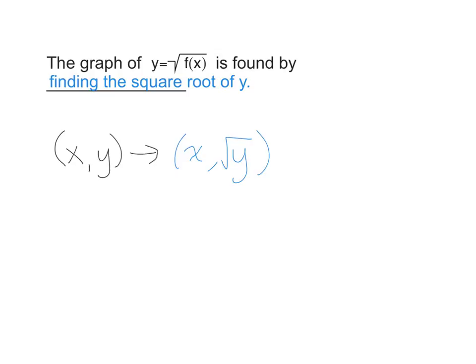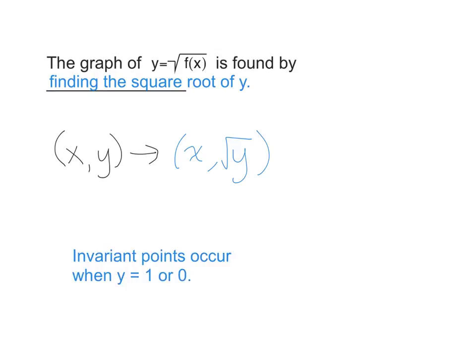Where will the invariant points be? 0 and 1. So invariant points occur when y is equal to 1 or 0.